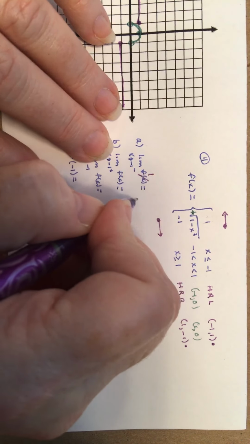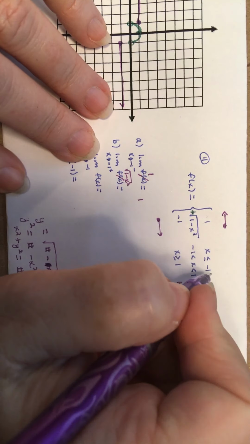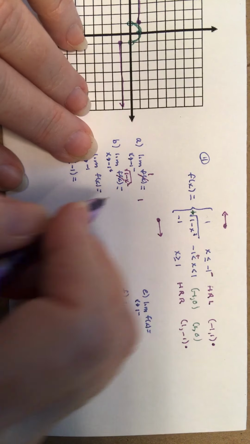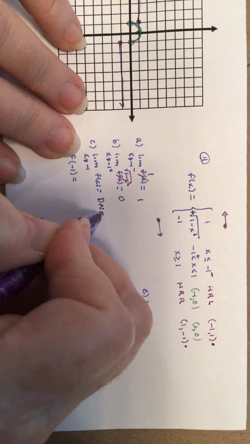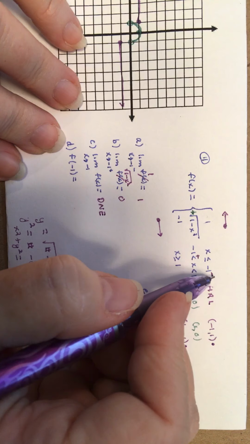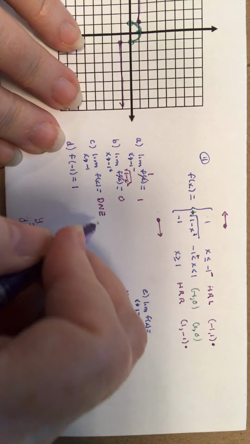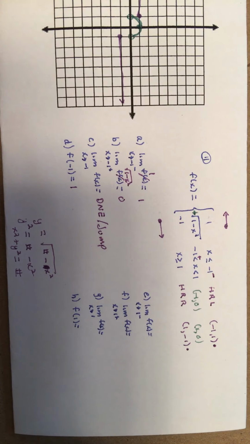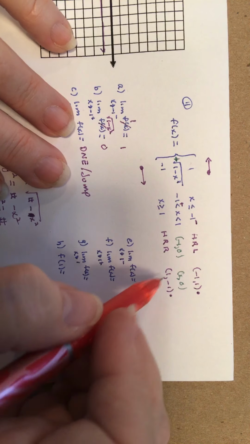So this guy is 1 and I get 1, and this is the 1 minus x squared because first appearance, second appearance. And this is 0. They don't agree, so it's D and E. The function value was the top one, so it's 1. And we see that this represents a jump. When I go to the other side, what am I going to see?